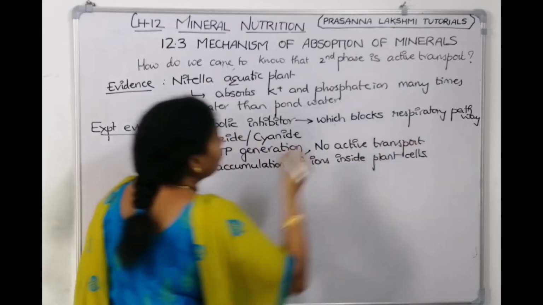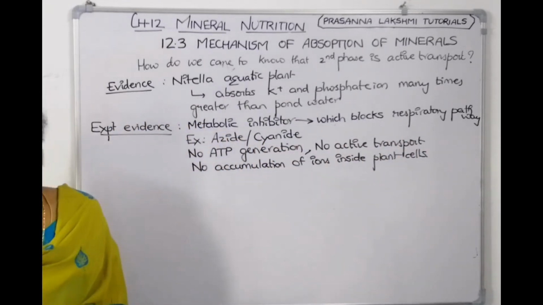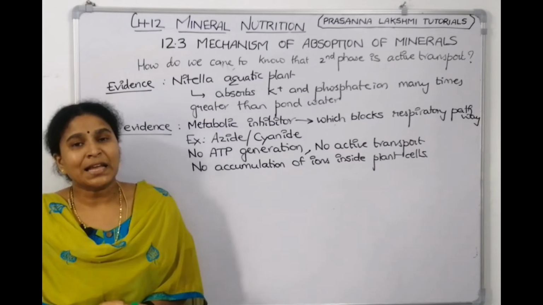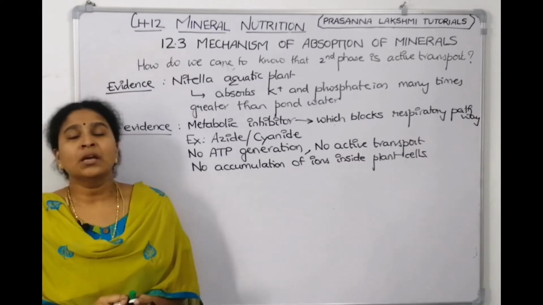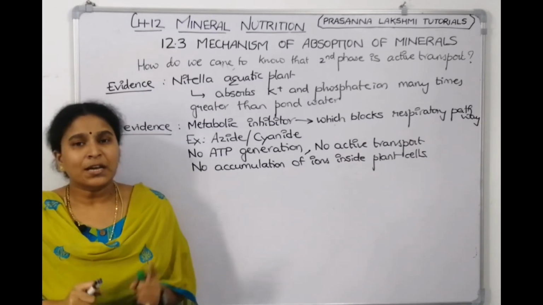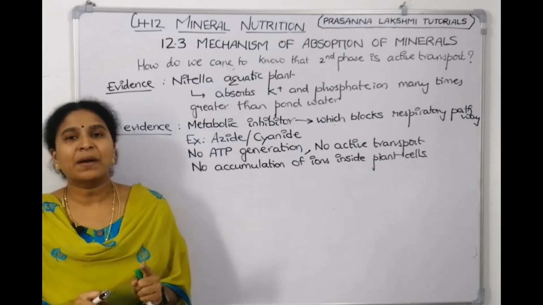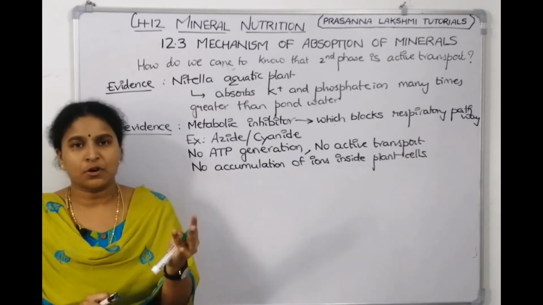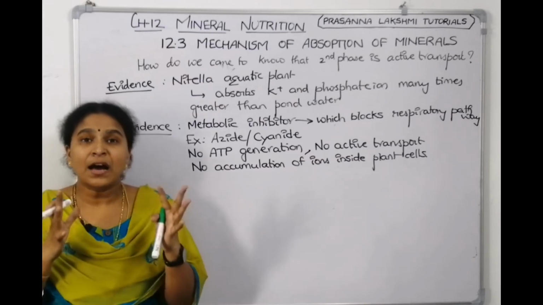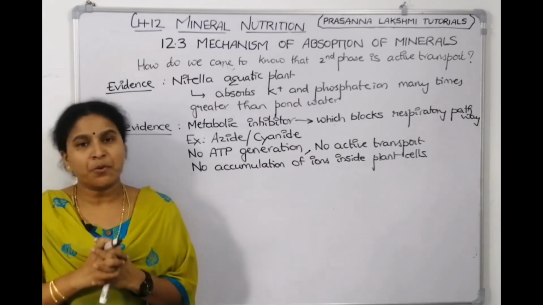Understood, children? So if I ask you how we came to know that the second phase of mineral absorption is an active process: if we check the Nitella plant, the K+ concentration and phosphate concentration are far higher compared to the surrounding pond water.